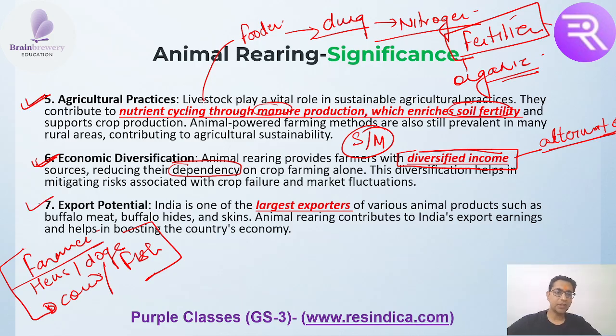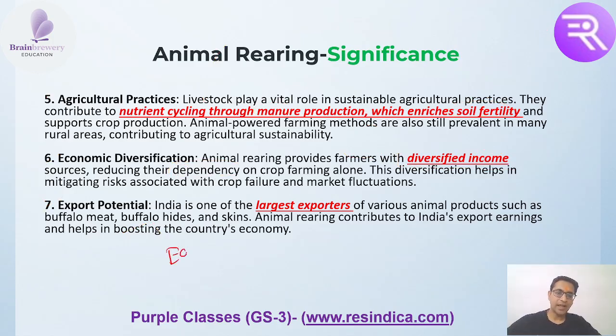Then this has a huge export potential, especially in the area of egg, meat, and milk. There are very big slaughterhouses, abattoirs, which are totally mechanized.